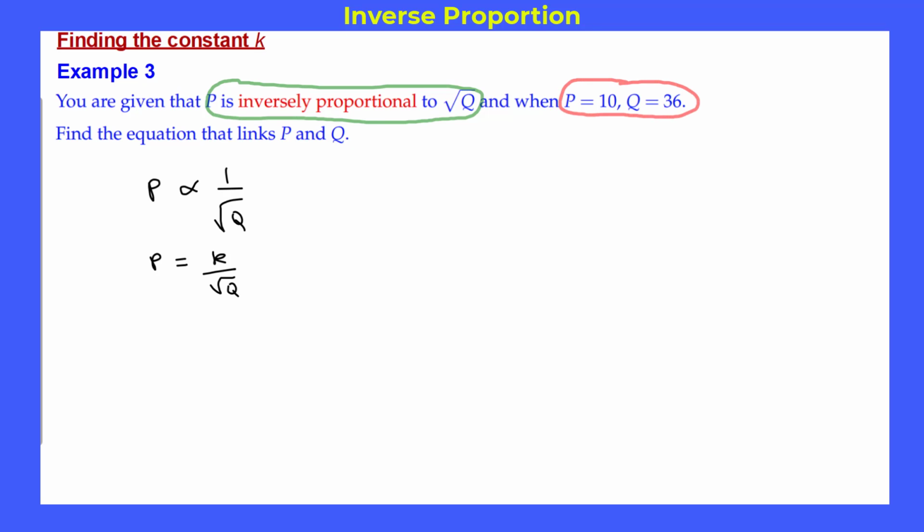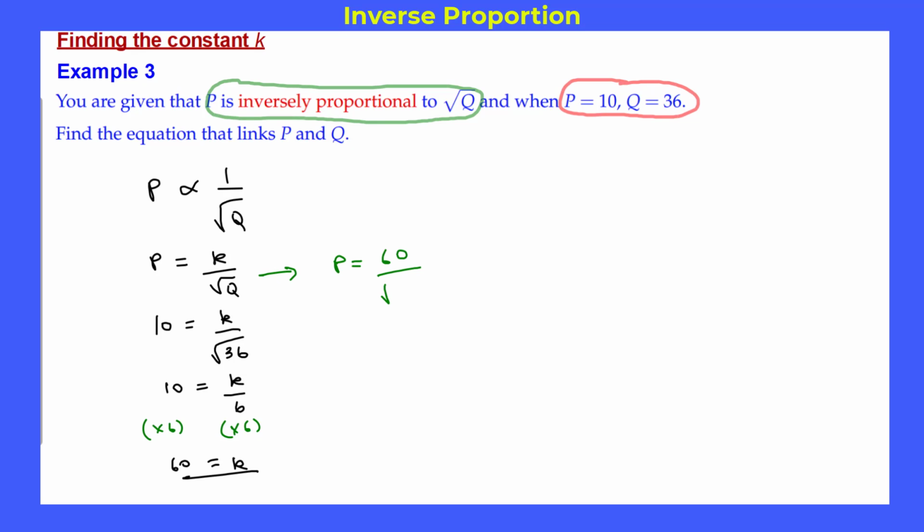So 10 is equal to k over the square root of 36. Now the square root of 36 is 6, so 10 equals k over 6. Multiplying both sides by 6 tells us that k is going to equal 60. And now we substitute it into our second equation to get our linking equation. So p equals 60 over the square root of q.